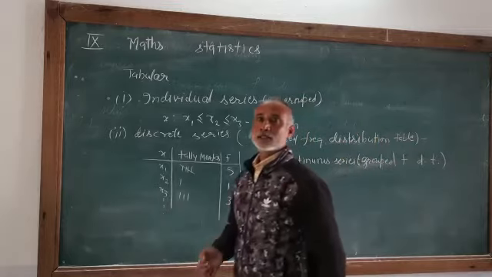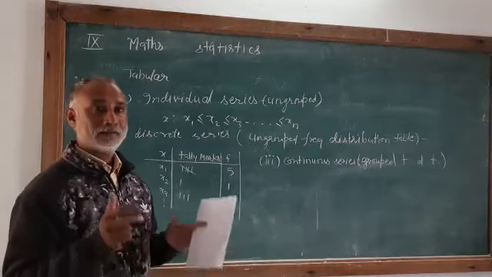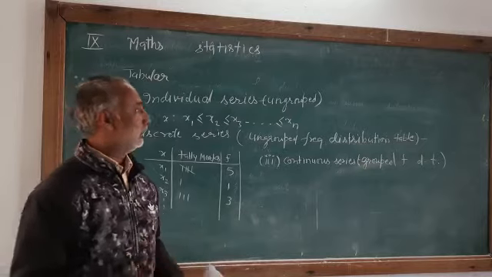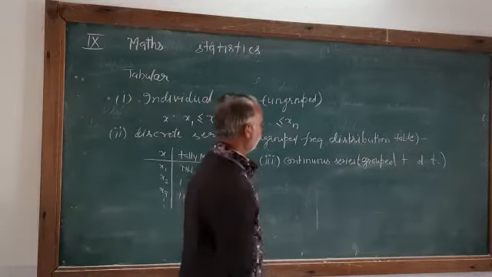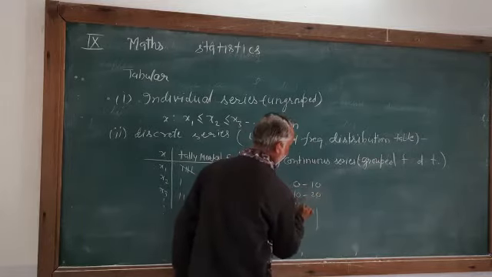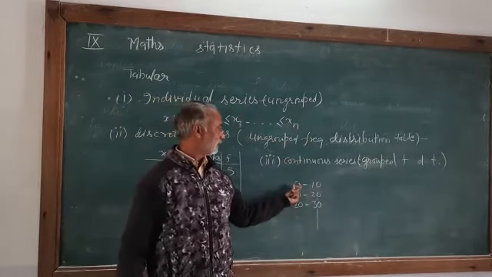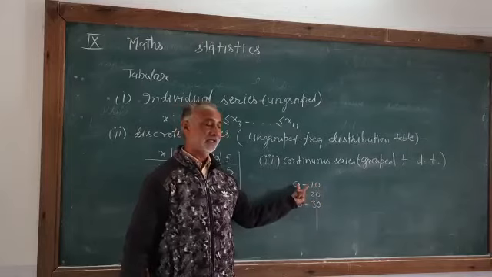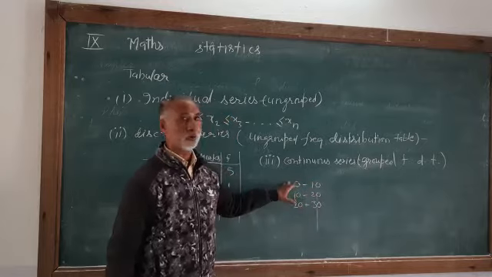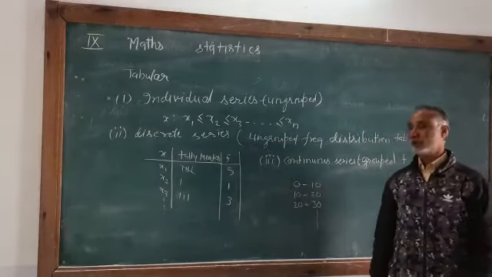In this one, two or more data are taken in a group. For example, some data are there, then 0 to 10, 10 to 20, 20 to 30, and so on. All the numbers or data which come between 0 and 10 will be kept here, 10 to 20 in this group, and 20 to 30 in this group. So here is the group. That's why it is known as group frequency distribution table or continuous series.